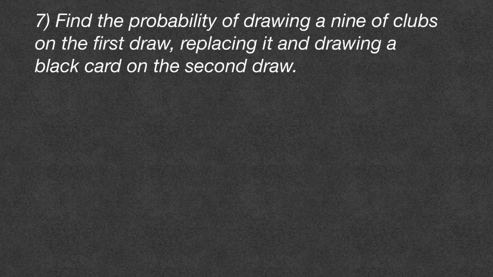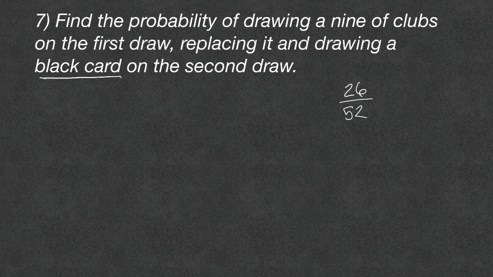So how many black cards are there? Maybe let's talk about that first. Half the deck is black. 26 cards are black. So we'll just write that out first. That's the easiest part. 26 out of the 52 cards are black cards.